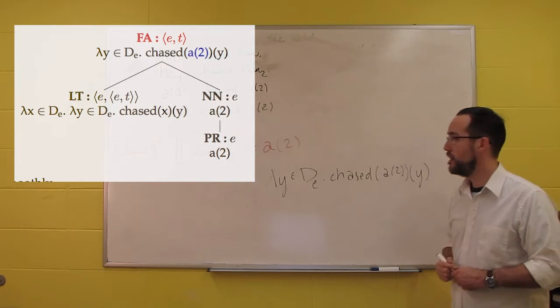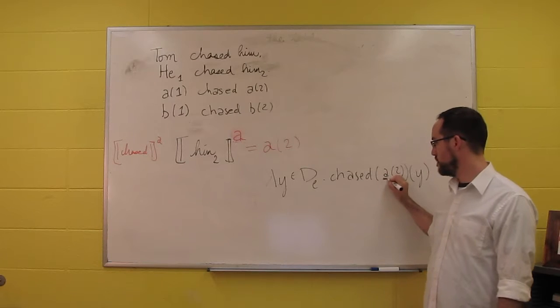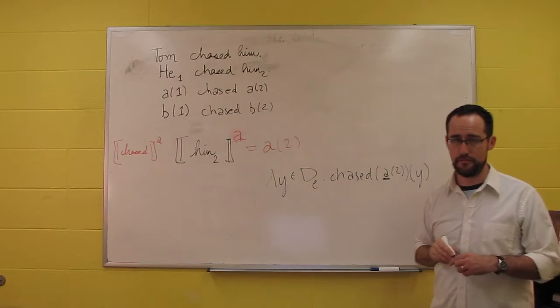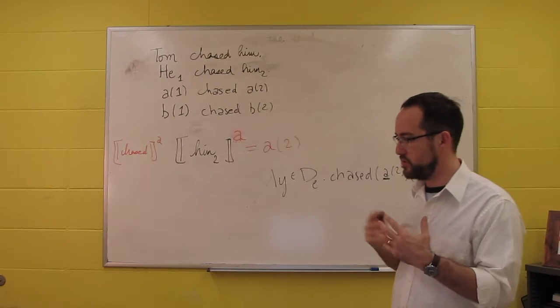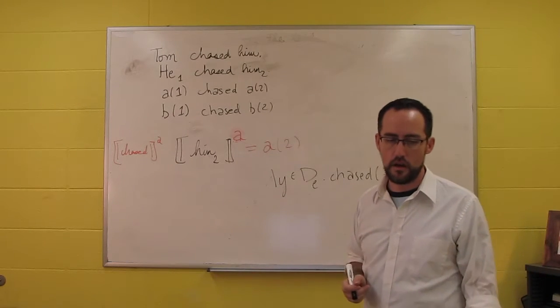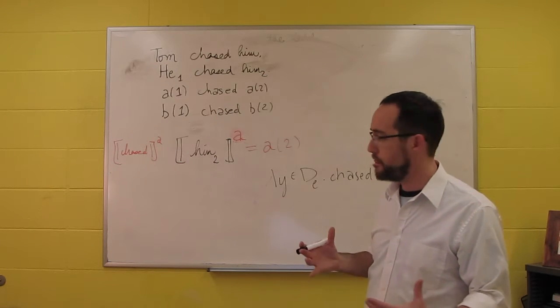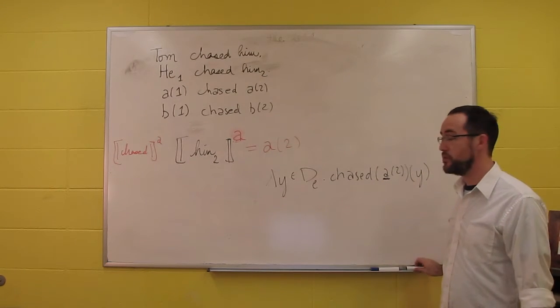That's it. The only thing that the assignment does is tell us which variable we're going to use here. If we had used assignment B, this would be B, and so forth. So that's it. That's how we do pronouns.